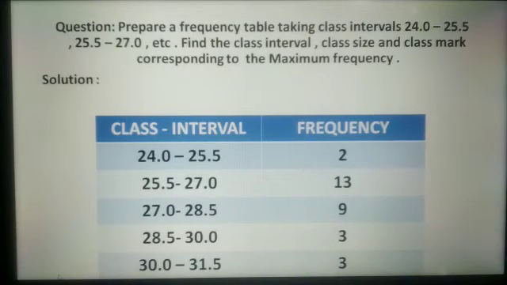Now from this data we have to prepare a frequency table taking class intervals 24.0 to 25.5, 25.5 to 27.0, and so on. Then we have to find the class interval, class size, and class mark corresponding to the maximum frequency.